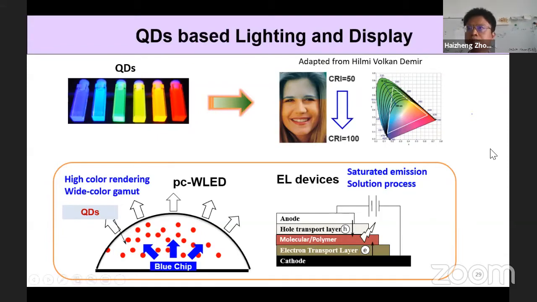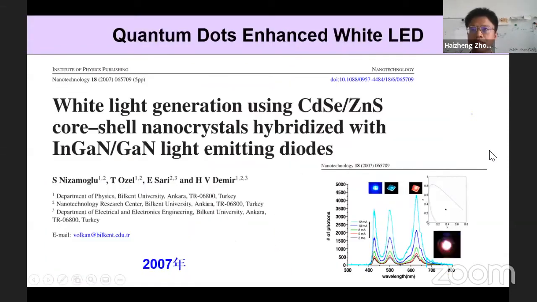This kind of white light generation was first reported by Professor Demir in 2007. He first applied cadmium selenide quantum dots for white light generation. However, the performance was very poor because of stability issues.